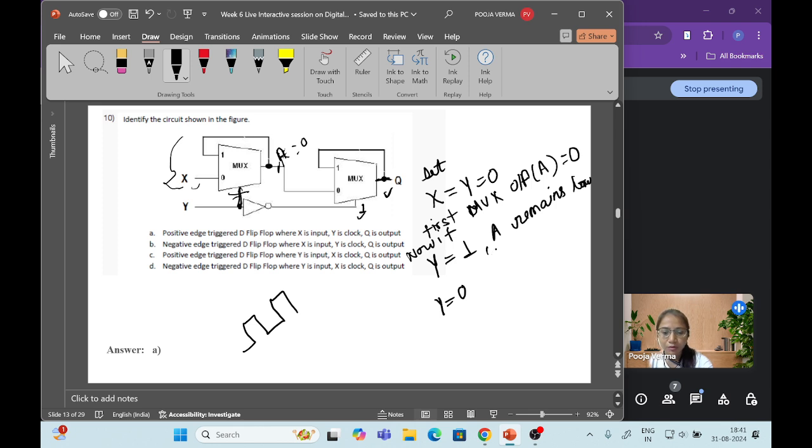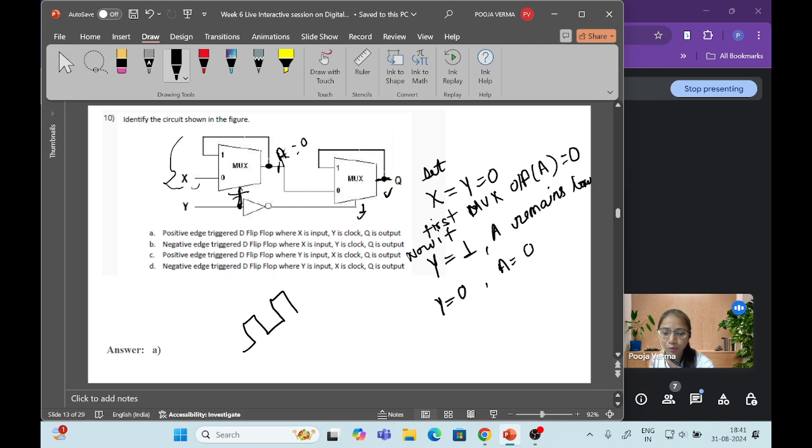So now Y is equal to 0, then what will be A if we change? A remains 0. Yeah, A remains 0. The first mux output does not change.